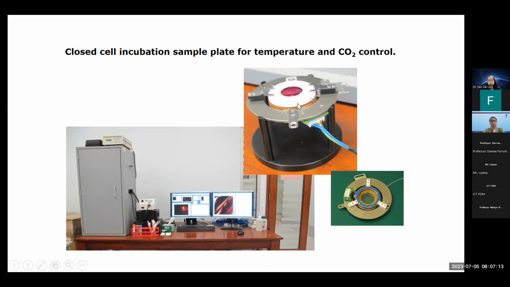This chamber is mounted on a stage for the AFM imaging. With that, we were able to visualize the formation of stress fibers in the mesenchymal stem cell upon stimulation by the growth factors.